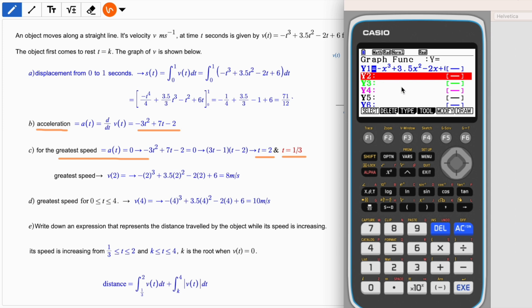When you want to differentiate something and see the graph of that differentiated function, you can click on option, click on calculate. Look for the first option here, d/dx, and you don't need to enter the whole expression because your calculator will read what you entered in y1. So just click on the first option, y, and then 1.